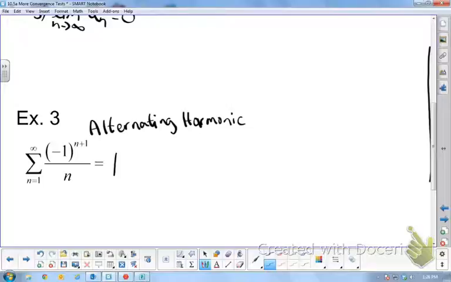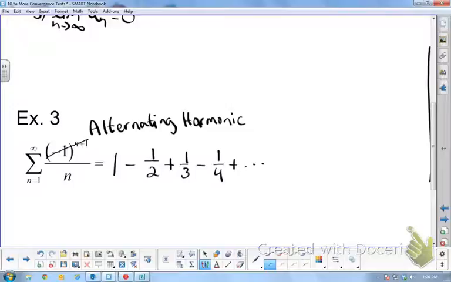So, if we were to actually write the terms out, we'd have 1 minus a half plus a third minus a fourth, and it keeps going. Looking at it without the alternating piece, without this -1 part, would all our terms be positive?